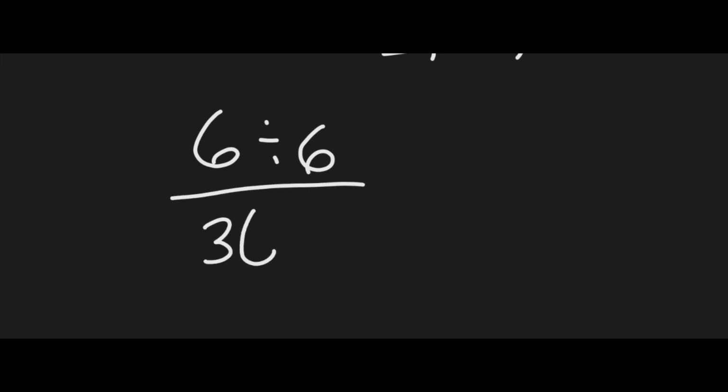So that means we have 6 divided by 6 over 36 divided by 6. 6 divided by 6 is 1, and 36 divided by 6 is 6. So 6 over 36 equals 1/6.